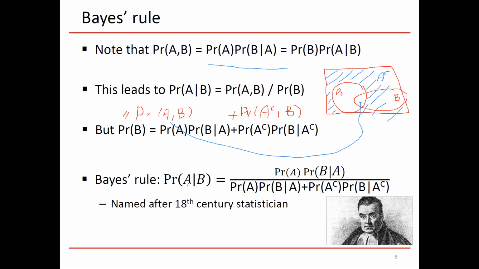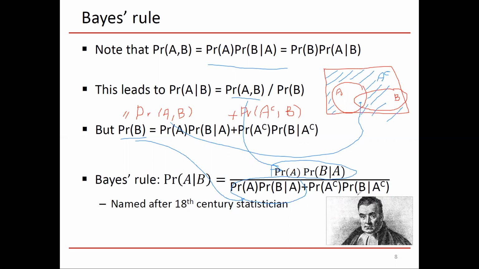The probability of A conditioned on B is equal to the probability of A joint with B divided by the probability of B. The probability of A happening jointly with B is the probability of A multiplied by the probability of B conditioned on A. And the probability of B that we're dividing by in the denominator is what we had in the numerator, the probability of A multiplied by the probability of B conditioned on A, plus this second term, the probability of A complement multiplied by the probability of B conditioned on A complement.